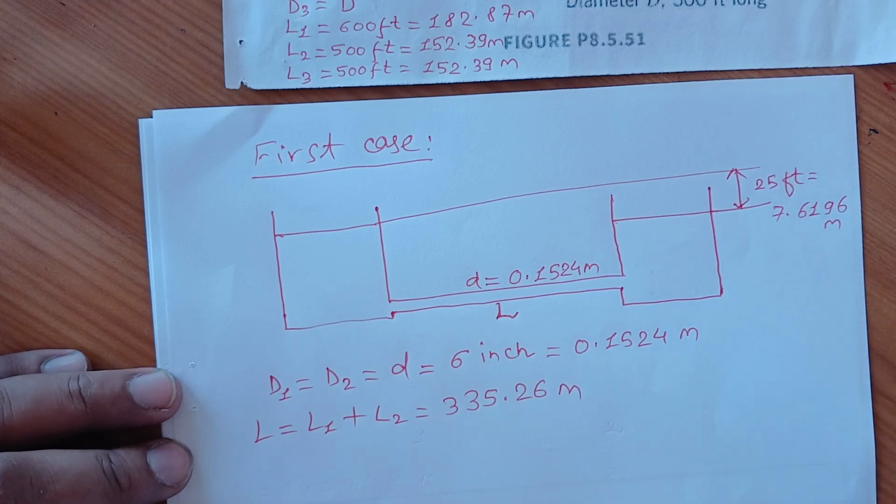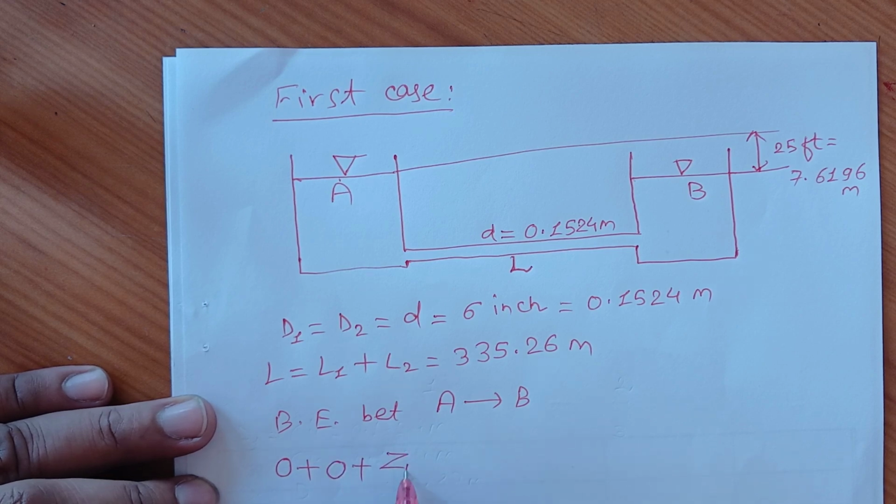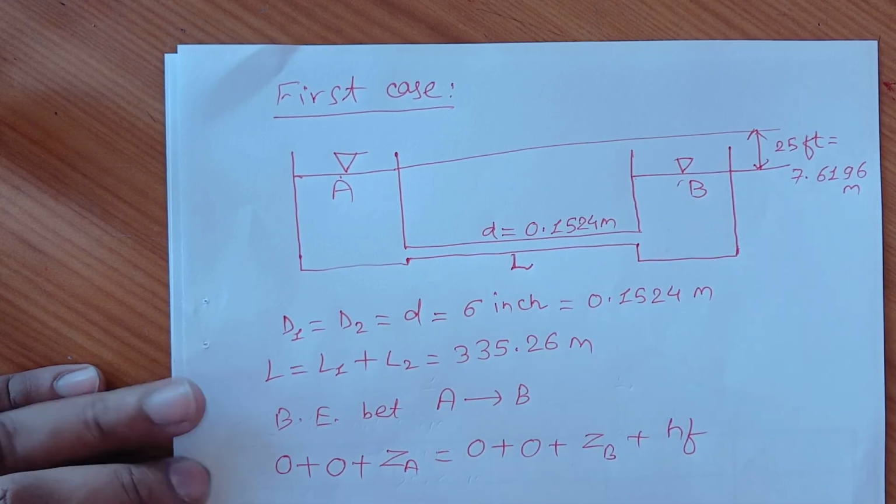Let's apply Bernoulli between A and B. In the Bernoulli equation between A and B, at A there is pressure 0, velocity 0, datum ZA, and at B pressure 0, velocity 0, and datum ZB, plus head loss. How much is the head loss?